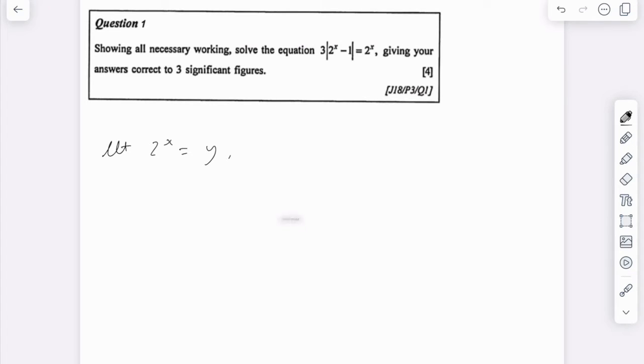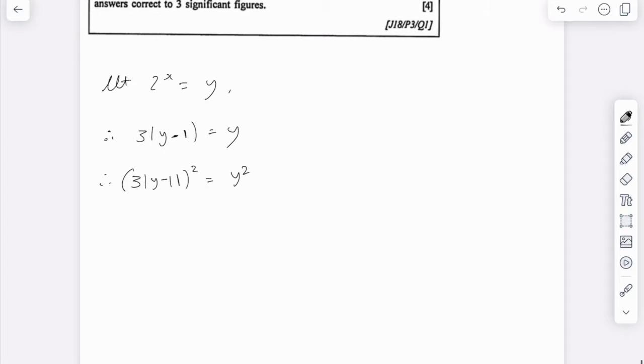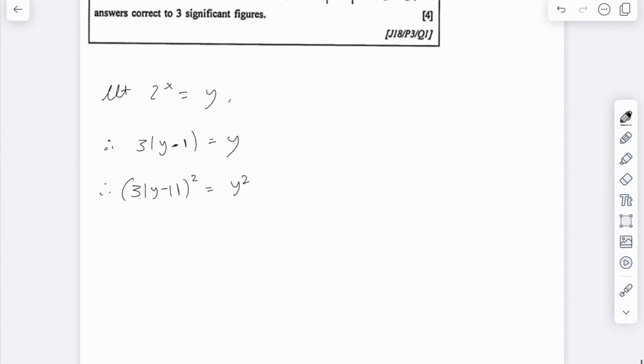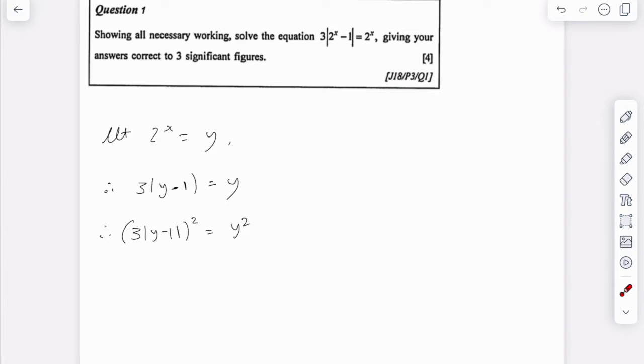Alright, so from here, I can then say, therefore, 3y minus 1 is equal to y. So therefore 3 times (y minus 1) all squared is equal to y squared. Now why are we squaring both sides? Because that's what you need to do to solve absolute value equations.